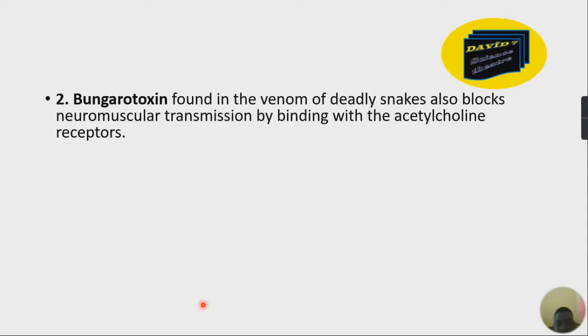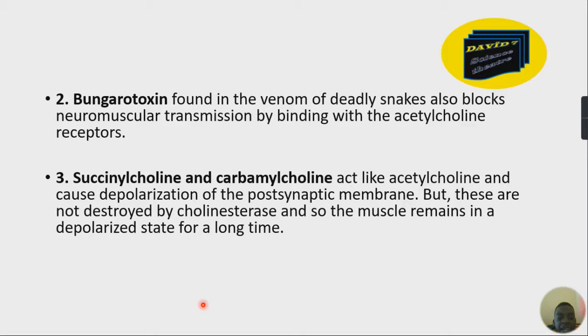The next drug is called bungarotoxin. Bungarotoxin is found in venom of deadly snakes and also blocks neuromuscular transmission by binding with the receptors of acetylcholine. The third drug is succinylcholine or carbamylcholine.